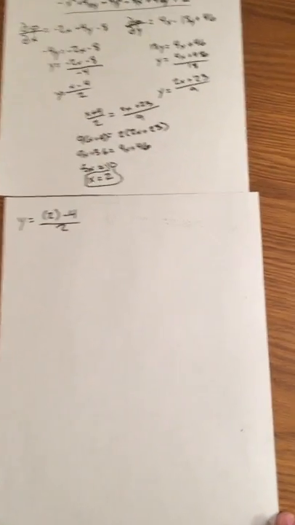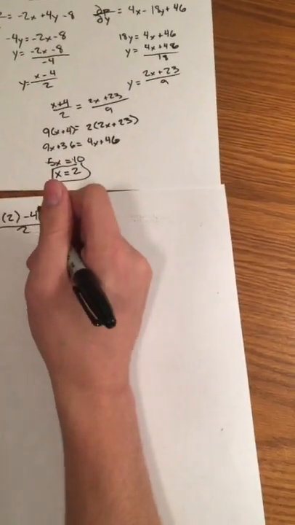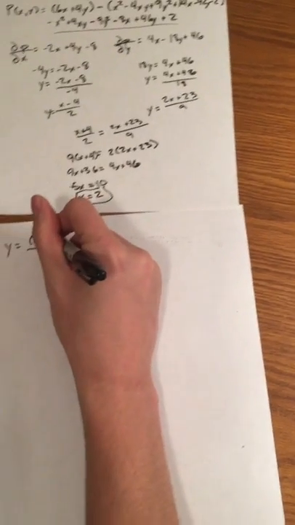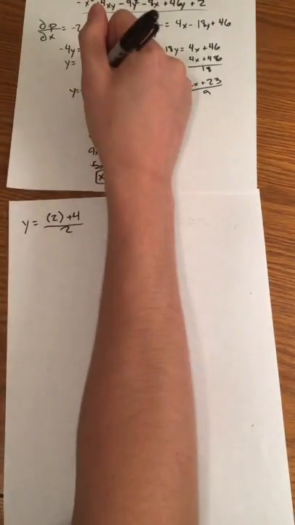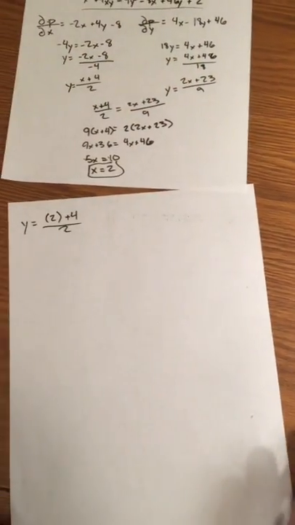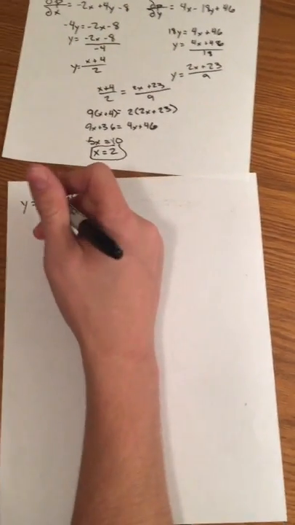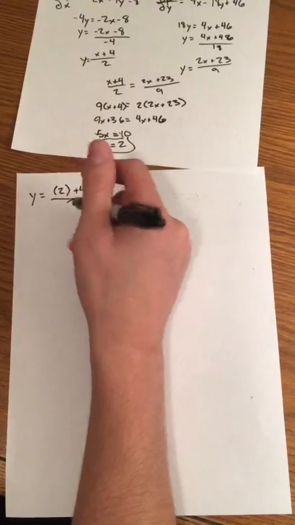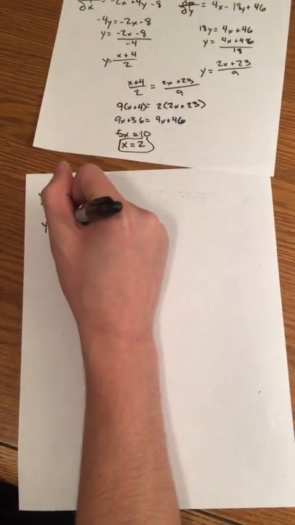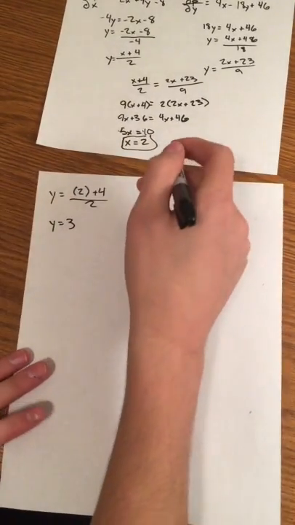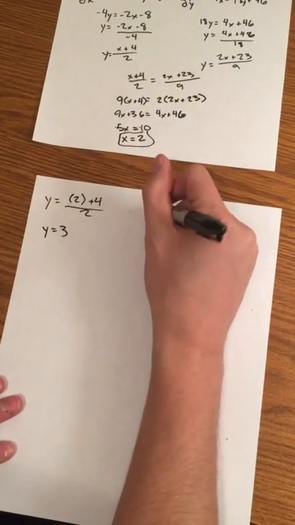Sorry, I keep making that mistake. I'm just going to change that up here so I don't make that anymore. We have 2 plus 4 is 6, divided by 2 is 3, right? So y equals 3. So we have x equals 2, y equals 3.